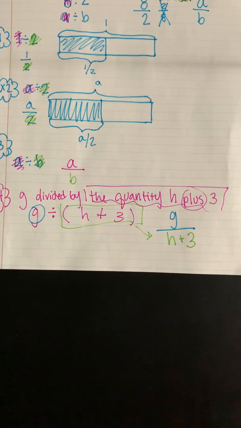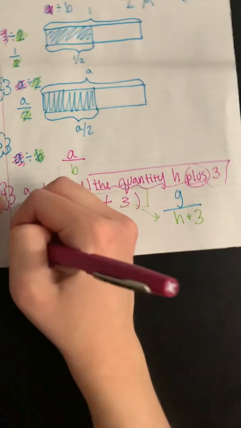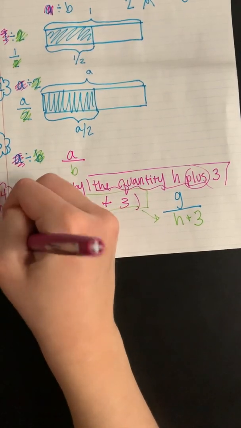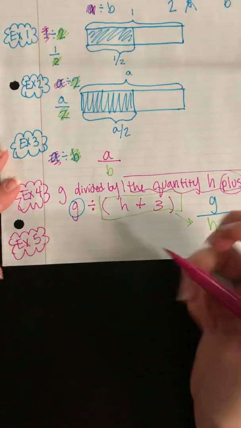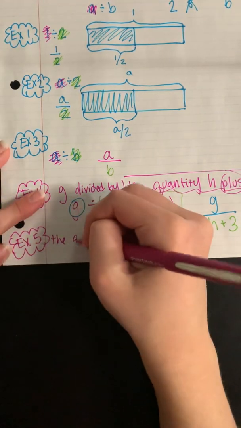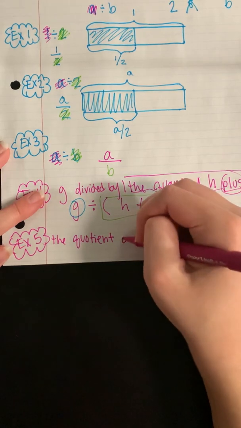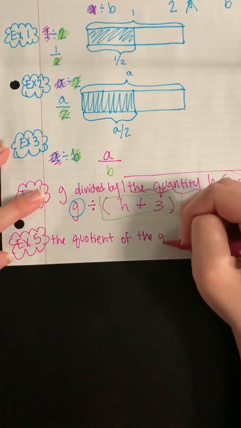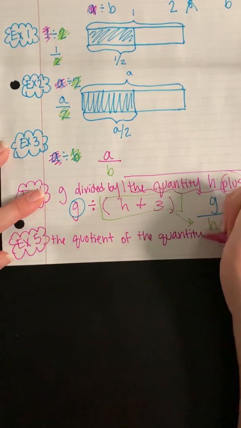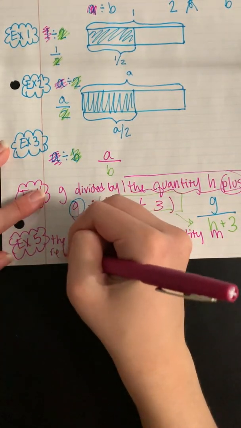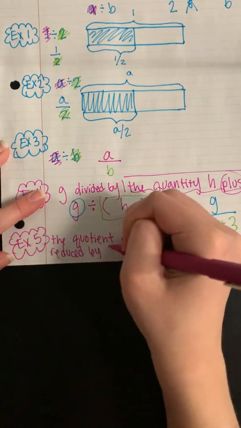And we can try one more like this. So how about write an expression for the quotient. This will be our last example, example 5. The quotient of the quantity m reduced by 3 and 5.